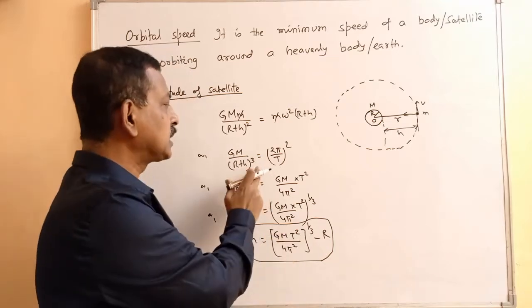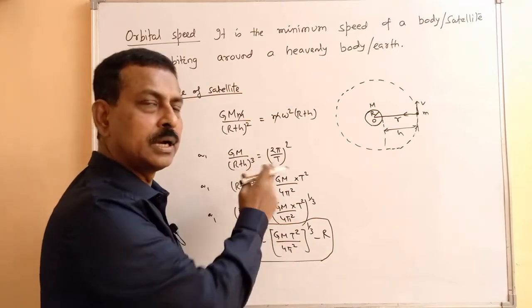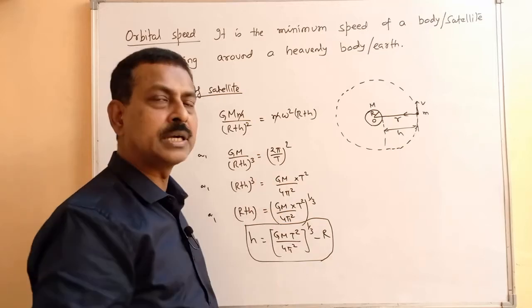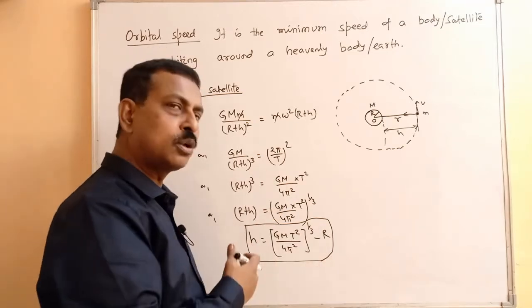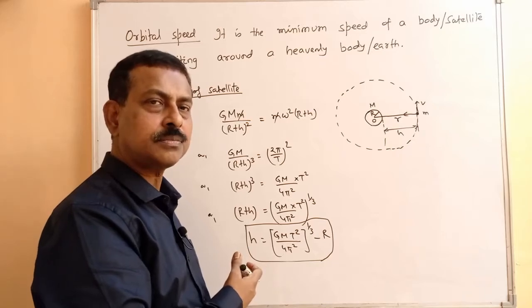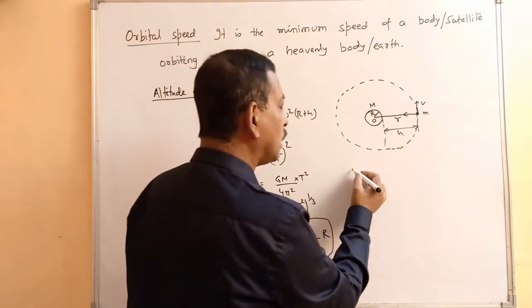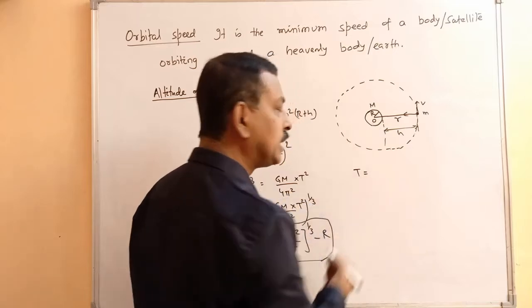Of course, this expression what we have taken in the previous derivation for the time period, we have already obtained the expression for the time period. So from that also you can get this, because the time period term, if you consider, we have already derived.